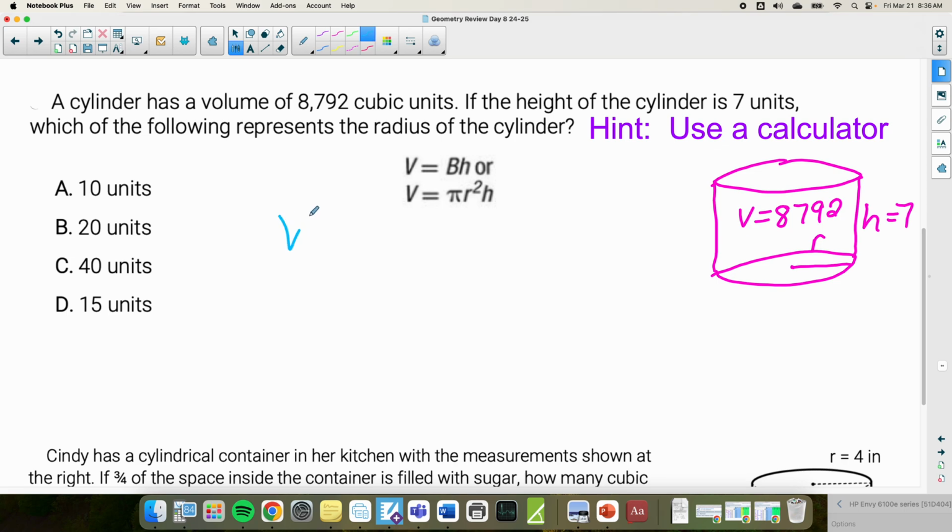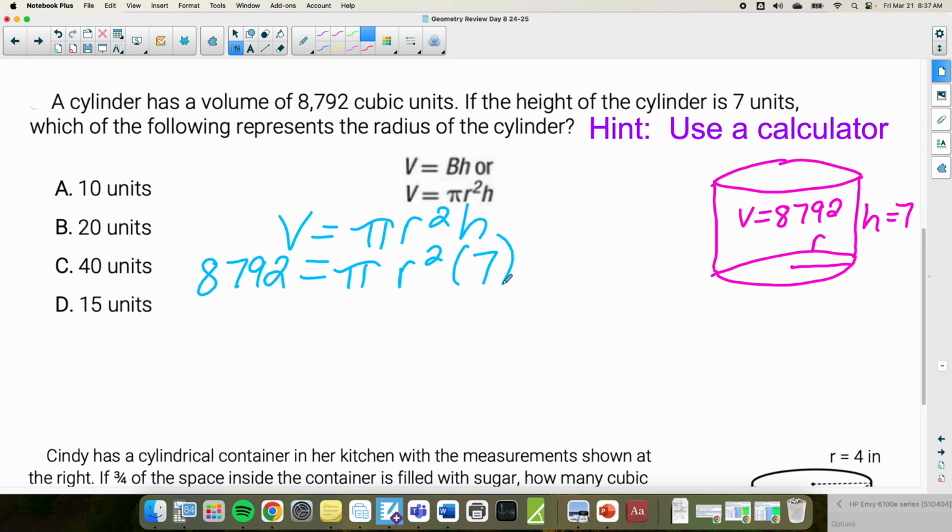So here is what we have. We have volume is pi r squared h. Okay? Our volume is 8792. Our radius is what we're looking for. So I'm going to keep that as r squared, and our height is 7. Okay? Now this is one we can use a calculator with. So here is what I would suggest when you guys go to solve this.